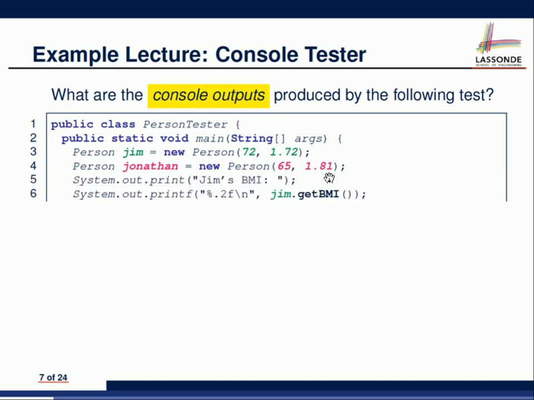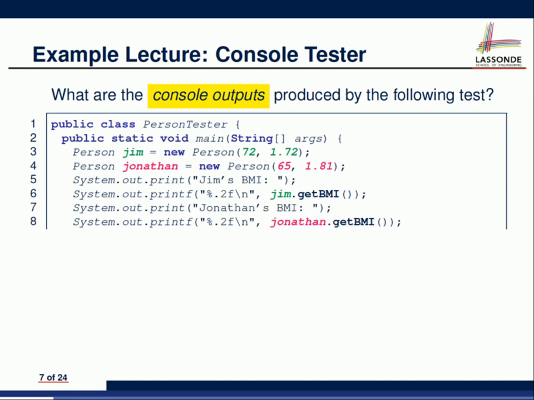And then we try to print out Jim's BMI to the console. You can see I'm trying to say Jim.getBMI. If you recall from the previous lecture, Jim over here is called the context object. Let me print out also the BMI for Jonathan. In this case, I'm calling the same method, getBMI, but the context object is different. It becomes Jonathan, right? So Jim and Jonathan.